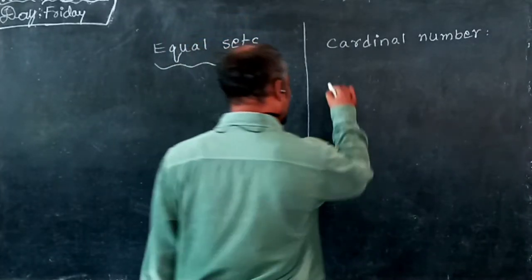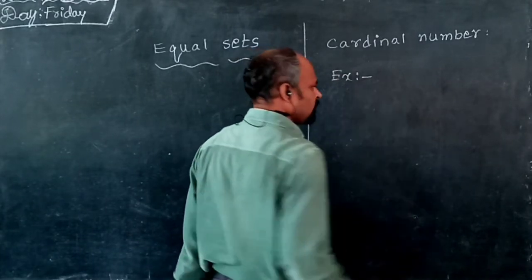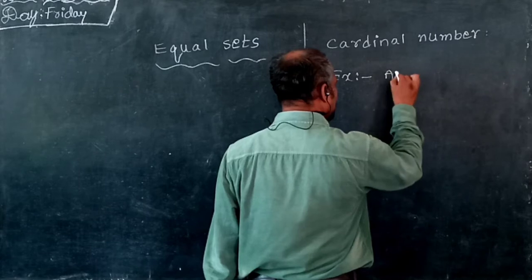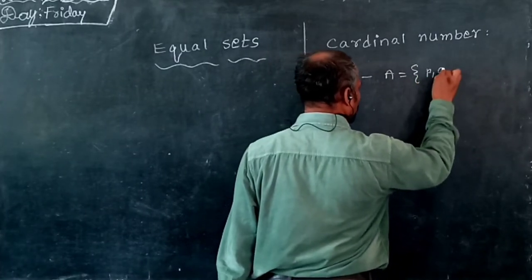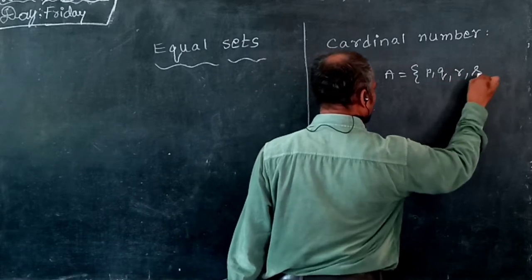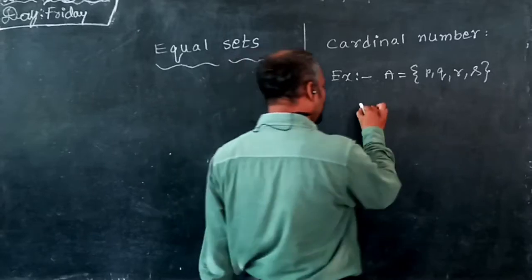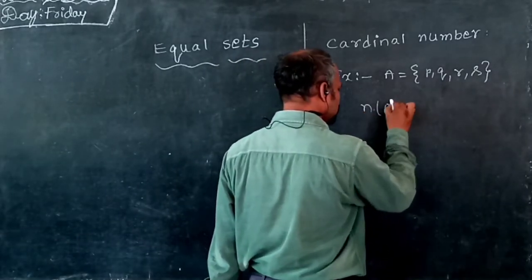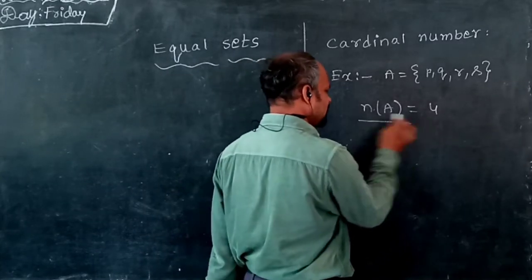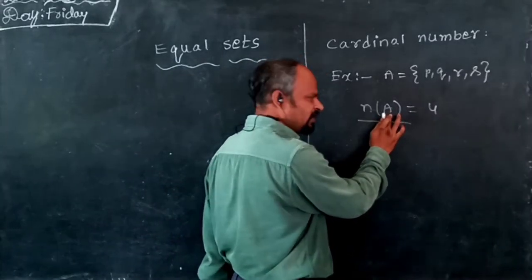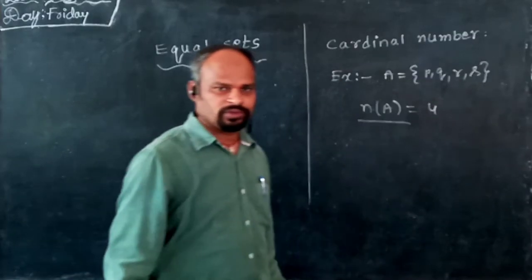Let us consider an example. A is equal to {P, Q, R, S}. Now the cardinal number we will represent like this: n(A), that is the number of elements present in A, is equal to 4.